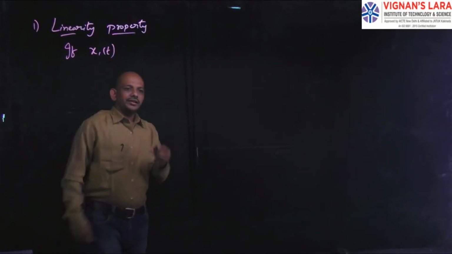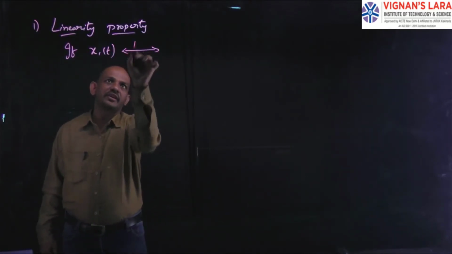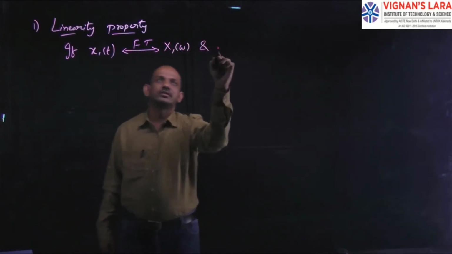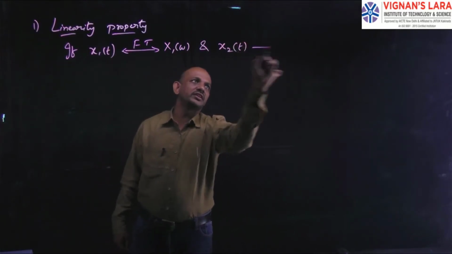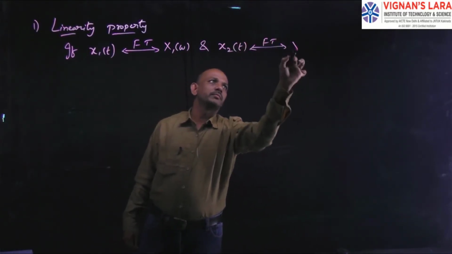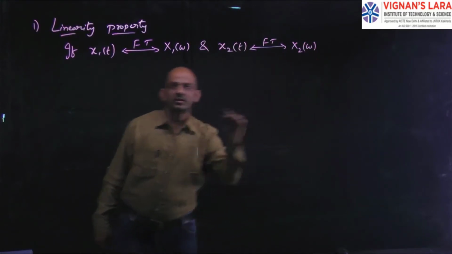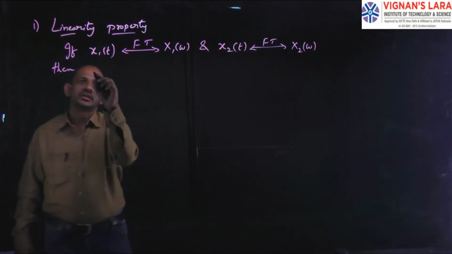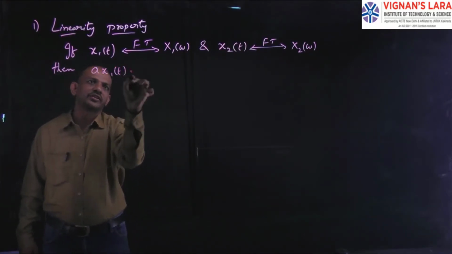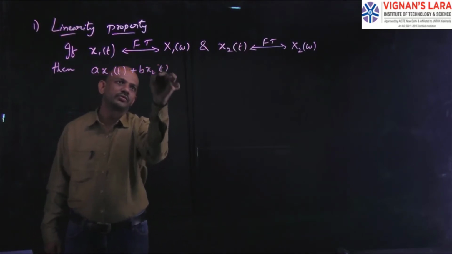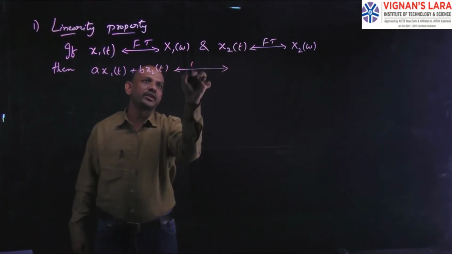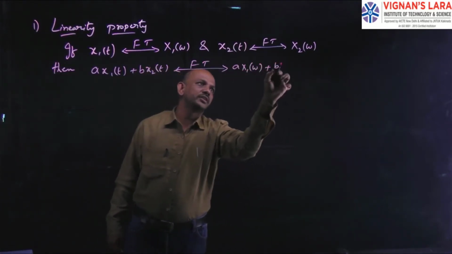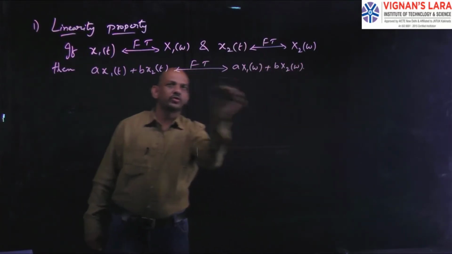Here if x1 of t has a Fourier transform X1 of omega and x2 of t has a Fourier transform capital X2 of omega, then the linearity property states that a into x1 of t plus b into x2 of t will have a Fourier transform a into X1 of omega plus b into X2 of omega. So we have to prove this.